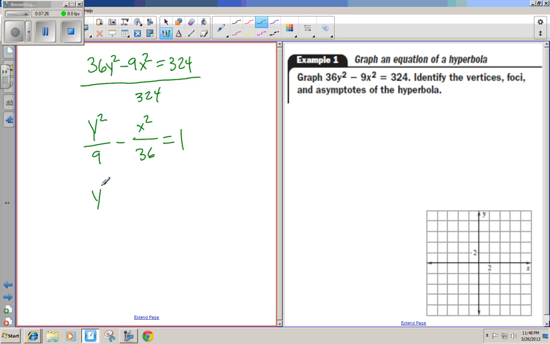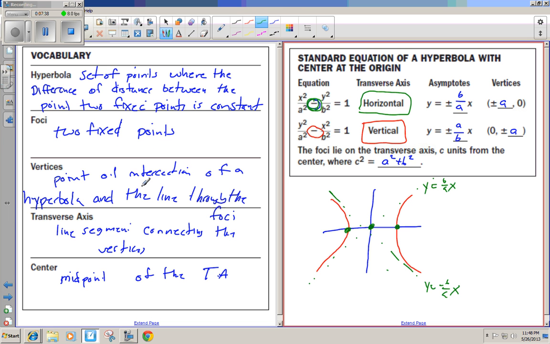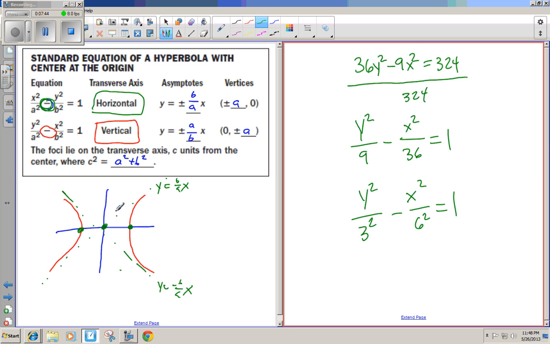This really is y squared over 3 squared minus x squared over 6 squared equals 1. So our A value is always the first term, and it's the positive one. So our A value is 3. Our B value is 6.